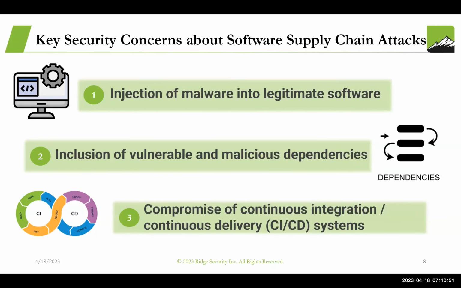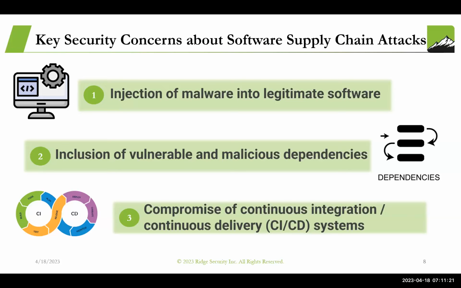The key security concerns about software supply chain attacks are threefold. The first one is the injection of malware into software. This is the software that is being developed, which may have malware injected into it by the hackers. The second one is that the dependencies for the software being developed may end up with malware.